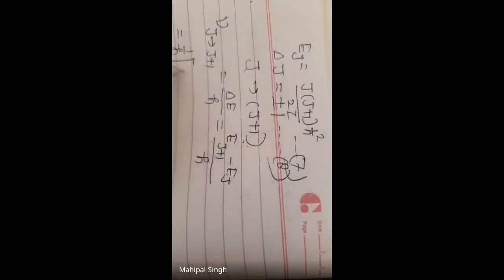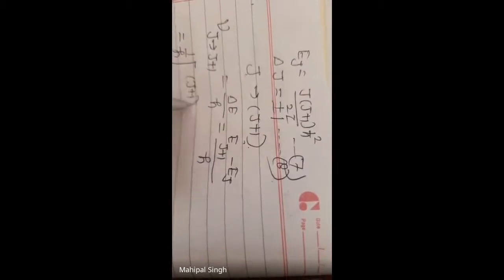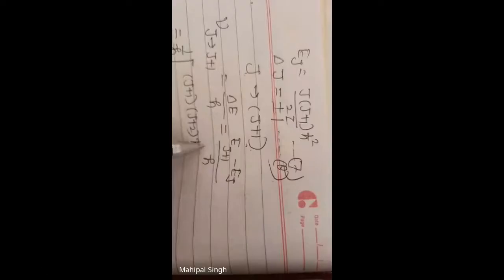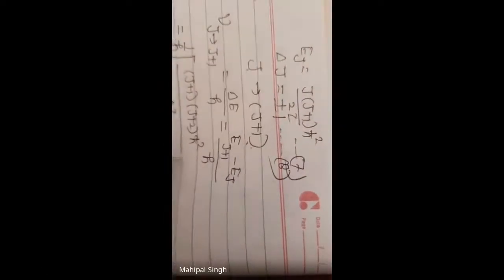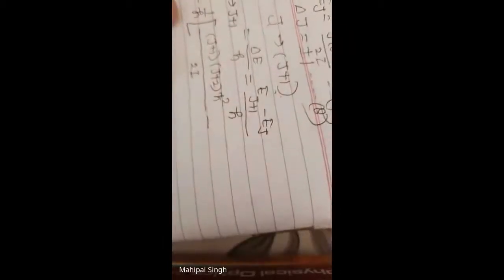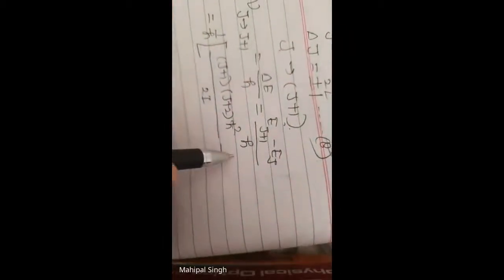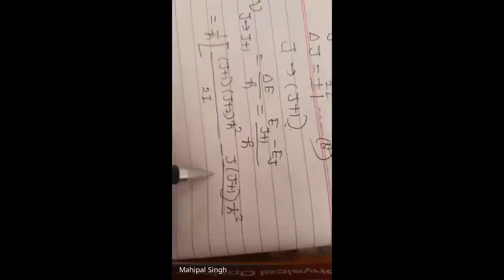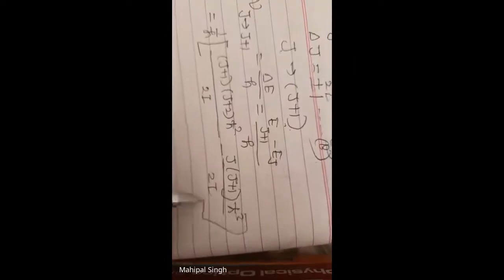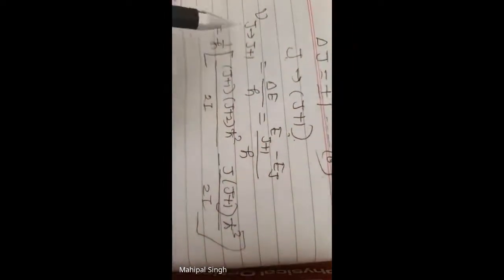Now it will be (J plus 1)(J plus 2) h cross square upon 2I minus J into (J plus 1) h cross square upon 2I. This is new J plus 1.